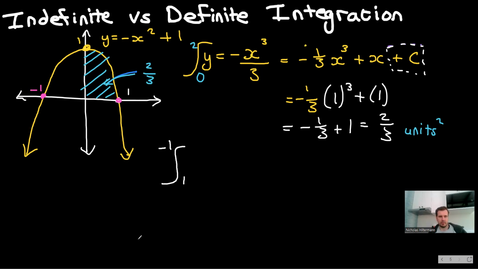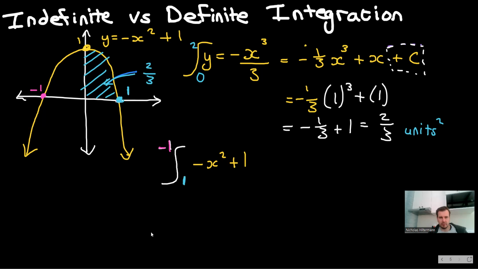Let's do them in different colors so we can keep track. From 1 to minus 1. So we'll start from the beginning.